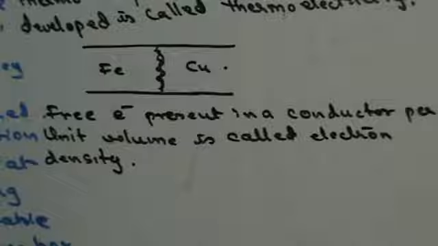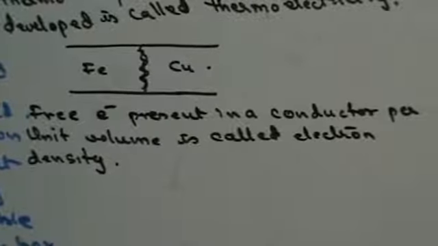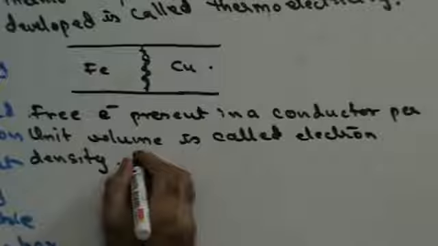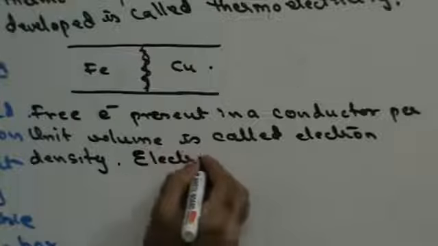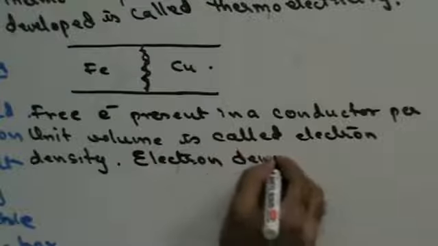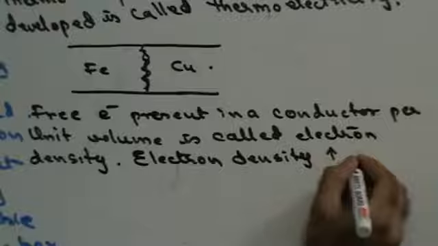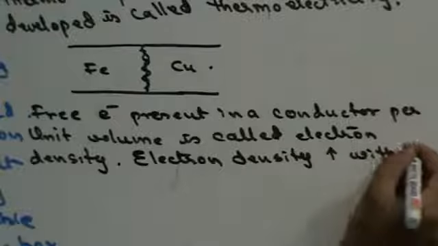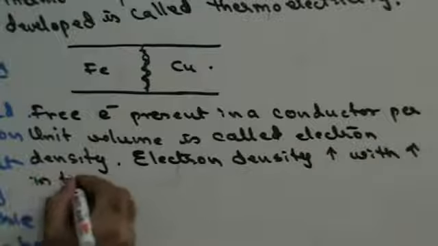Right, we'll start right from the basics. Fine, do we get this? Now, the electron density increases with the increase in the temperature of the conductor.